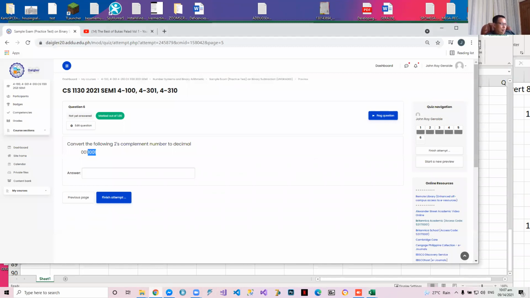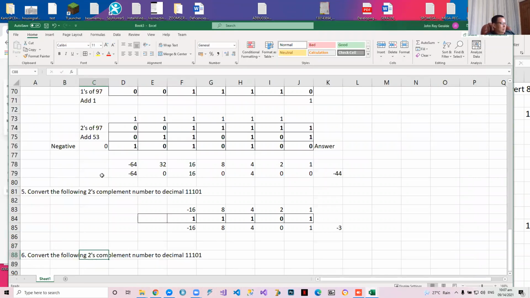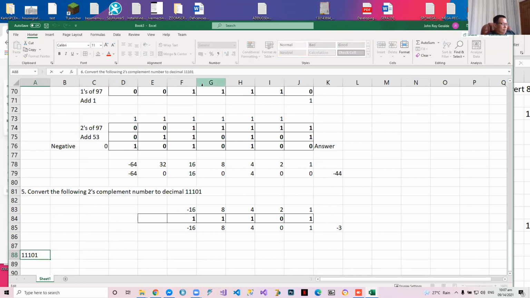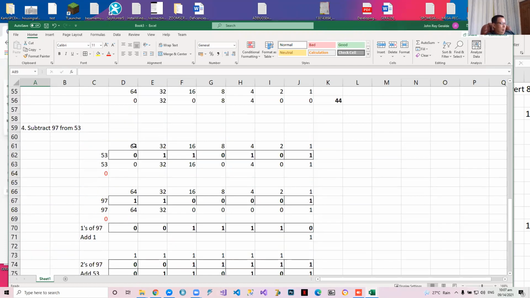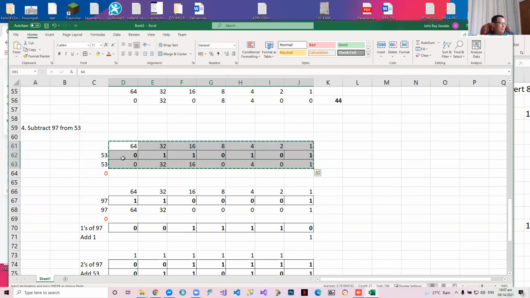It's given to be a 2's complement number. 0, 0, 1 and 1, 0, 0, 1. Do you follow? So how many do we have? 1, 2, 3, 4, 5, 6, 7. We have 7 digits.